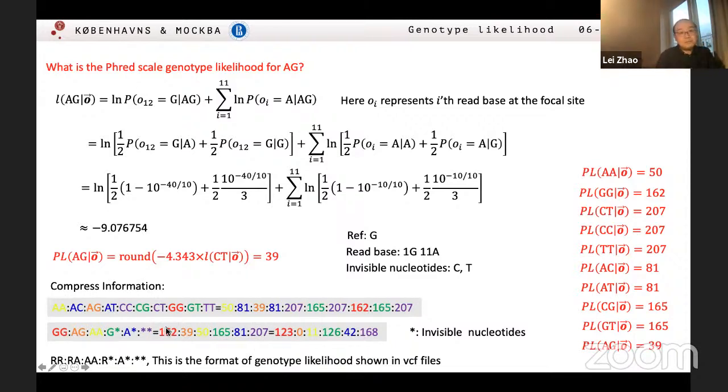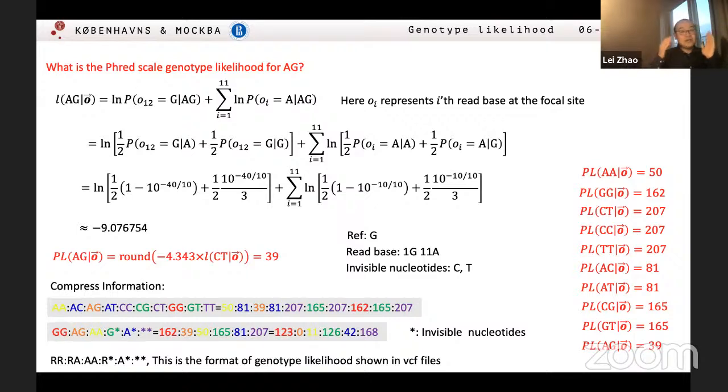And I didn't mention before, the flat scaled likelihoods are like the log likelihood.